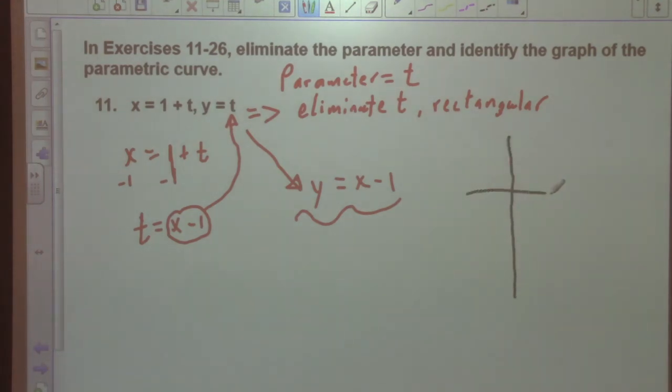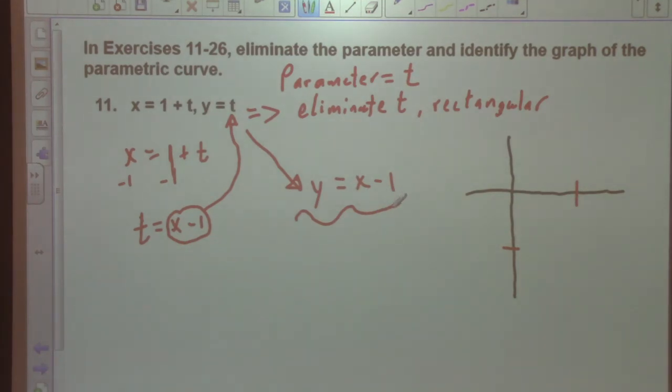So we can go ahead and sketch a graph pretty quickly. What does the graph of this look like? What kind of shape is this when we graph this?